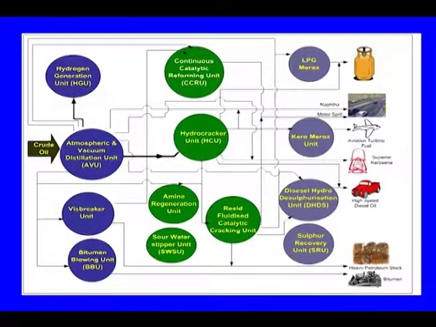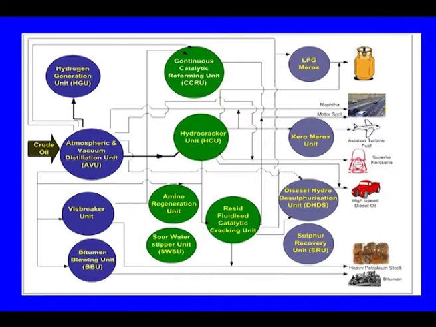So the crude oil goes to the atmospheric vacuum distillation column, and from the atmospheric distillation column we get the various products, the lighter products, some of which will go for hydrogen generation, because in many of the processes we are using hydrogen: hydrotreatment, reforming, hydrocracking. In all these processes we are using hydrogen in the refinery, and the use of hydrogen is increasing because of the coming of more and more heavier crudes.